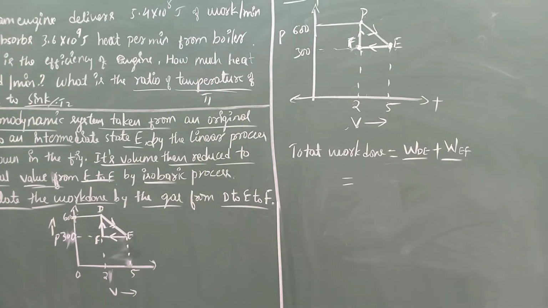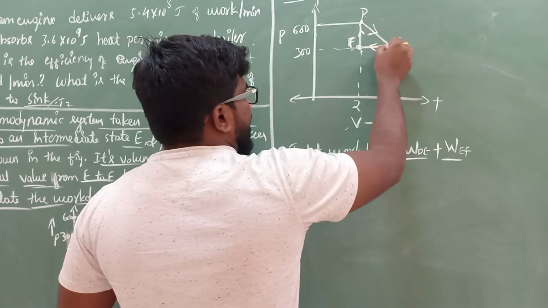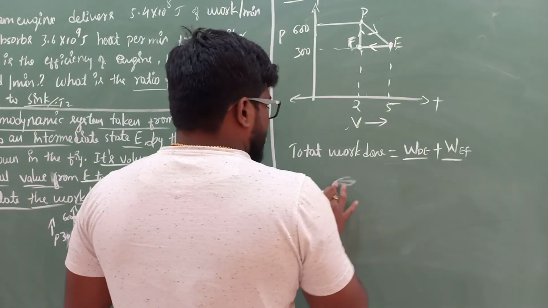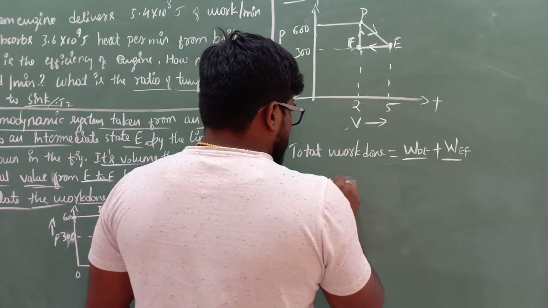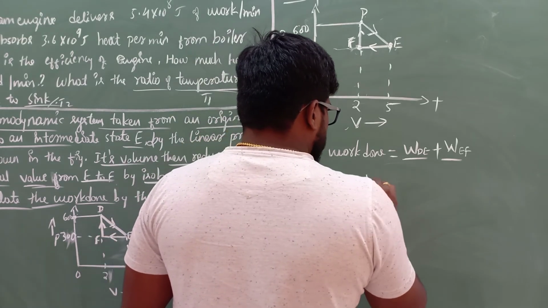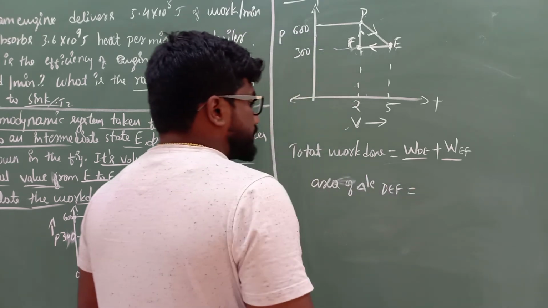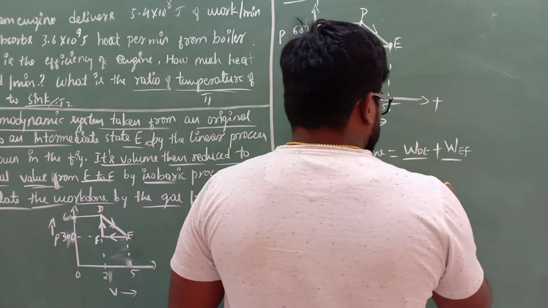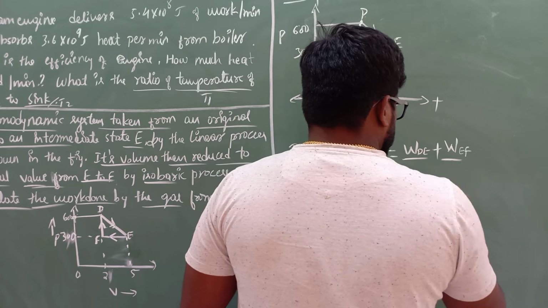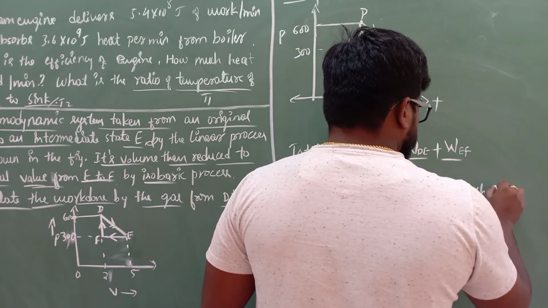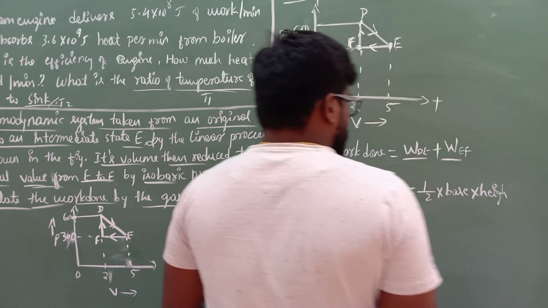So if you want to find the work done under that particular triangle, you have to find the area, then definitely you can find the value of work done. So now I can write it as area of this triangle DEF is given by half into base into height.